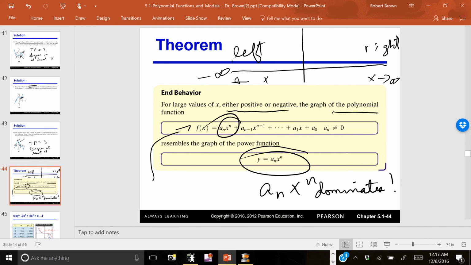So if you want to know what the behavior of the function is on the left or the right, all you need to do is graph a sub n, x to the n. And if n is odd, it's going to be an odd function, either up to the right and down to the left, or down to the right and up to the left.